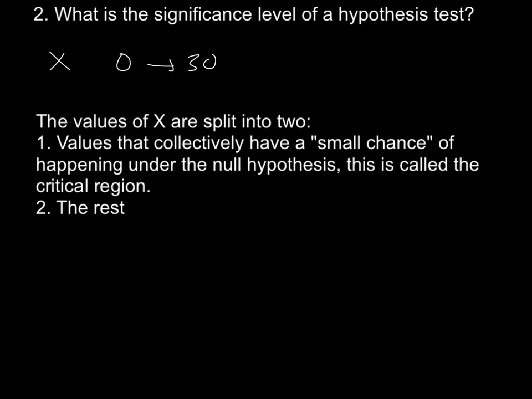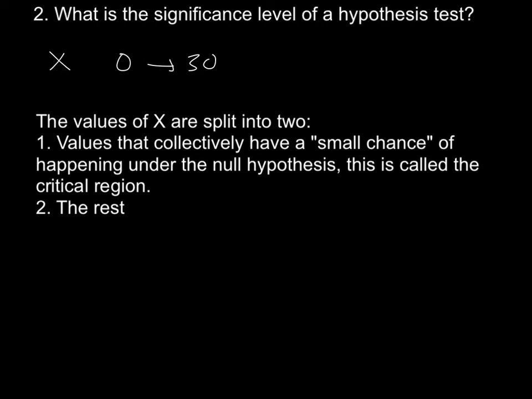So we can split up the values of X that we get when we do a test. It can be values that have a small chance of happening under the null hypothesis, and this is called the critical region, and the other part is the other values, which are more likely under our null hypothesis, which is, remember, that X has a probability of 1/6 in this case, where we're rolling a dice 30 times to find how many sixes there are.